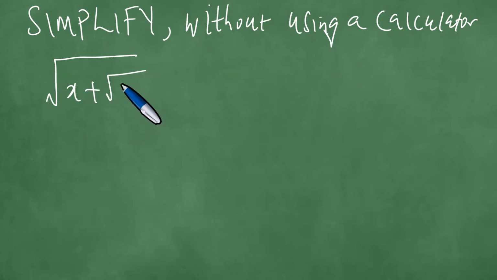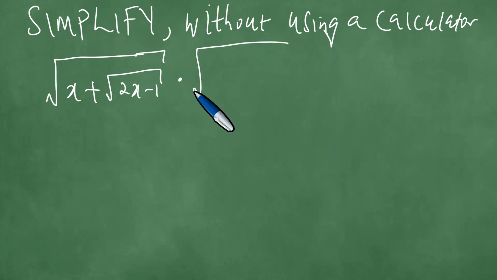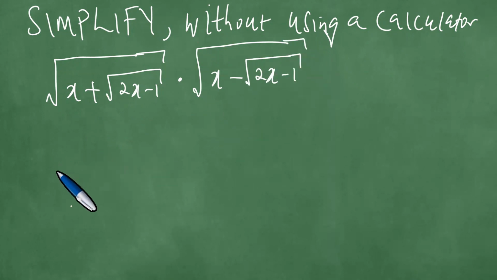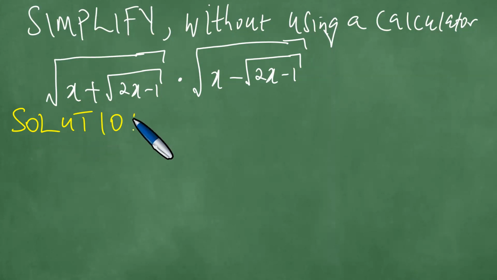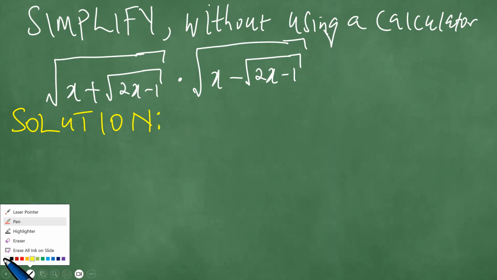The expression is the square root of x plus 2x minus 1, times x minus 2x minus 1. We present the solution to this as follows.